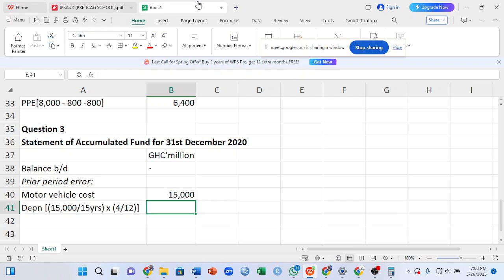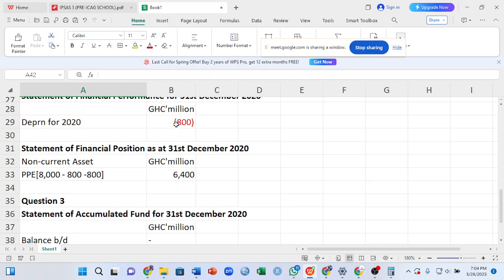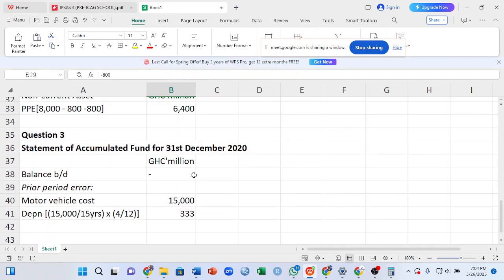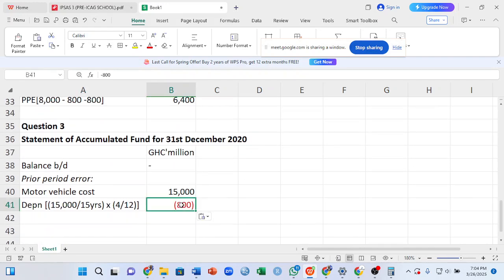Three point three, three, three. So let me ignore the rest. It should be four threes, three three three three.